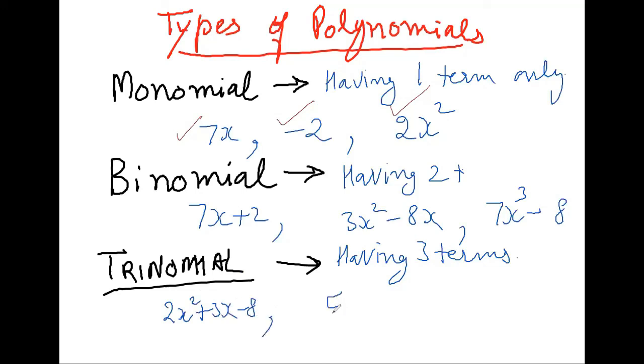Suppose 5x³ minus 7x² plus 3. Here also there are three terms, so this is a trinomial.